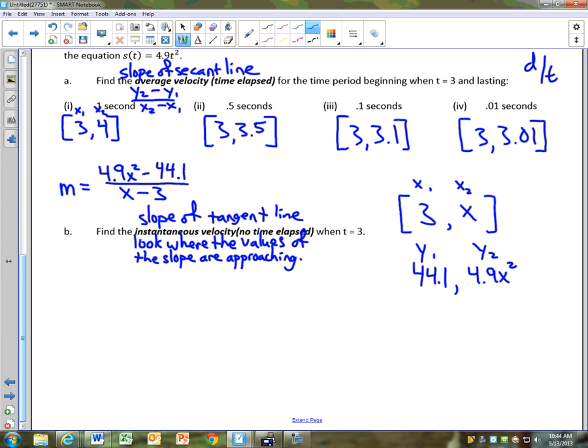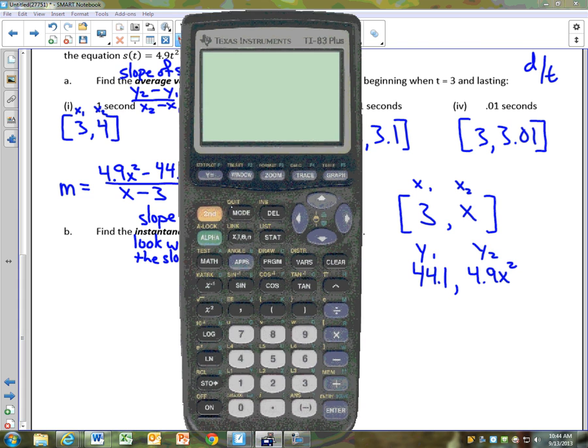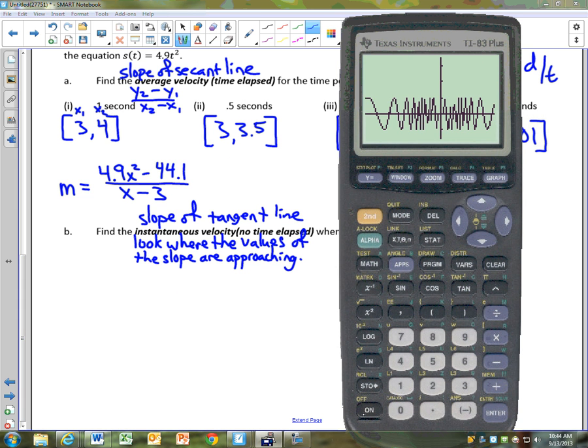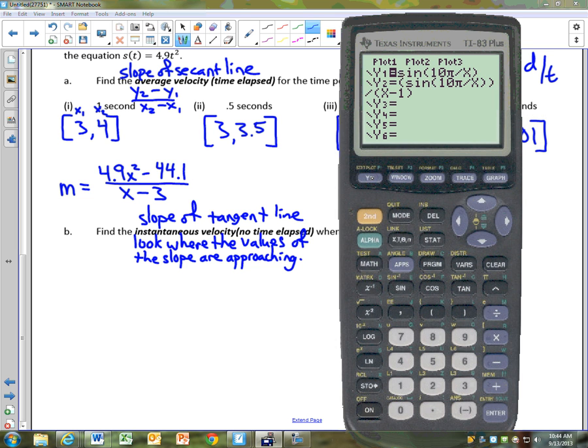I can now use that slope function to determine the slope at all those points, as opposed to finding the slope for all four of these by doing y sub 2 minus y sub 1. I can simply plug it into my calculator. Let's do that. Go into y equals. I'm going to clear these out. And I have parentheses 4.9x squared minus 44.1 parentheses divided by x minus 3.